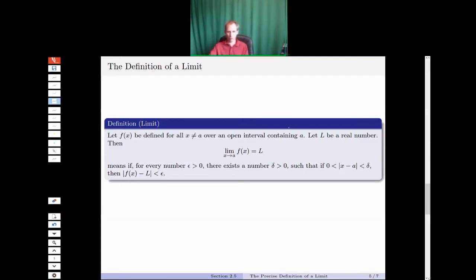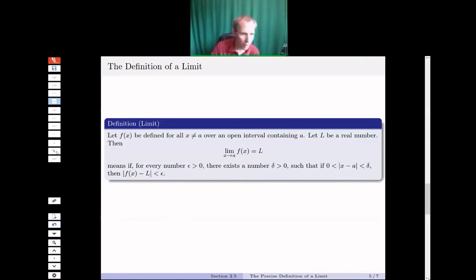So this thing that we know of and have written as a limit, the limit as x approaches a of f of x equals L, means that for every number epsilon that you pick, every positive distance that we can measure on the y-axis, there has to exist a distance on the x-axis such that if I pick x's close to a, using delta as my distance for closeness on the x-axis, then my y values are going to be close to L, where epsilon measures my distance on the y-axis.